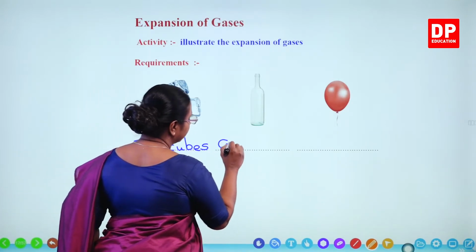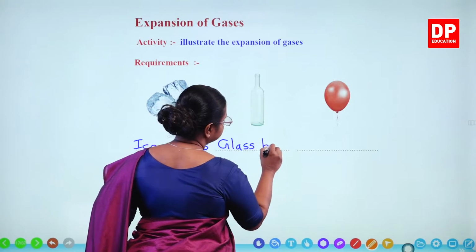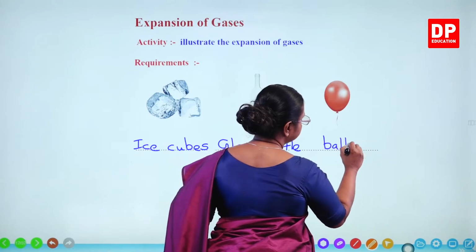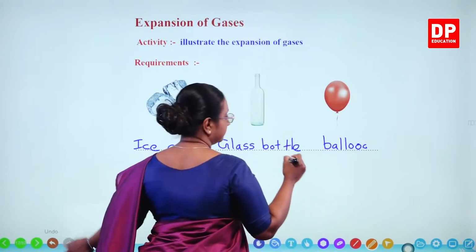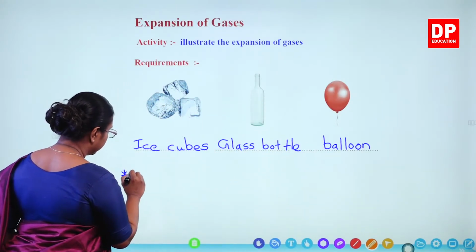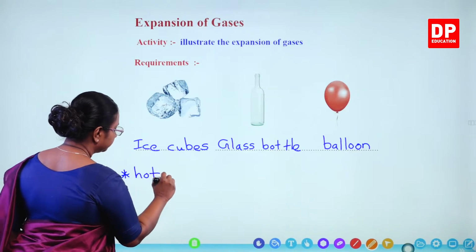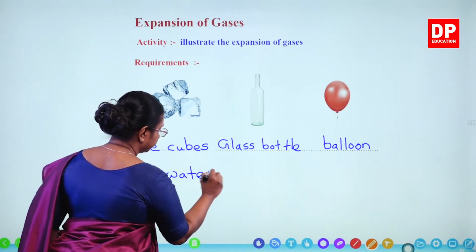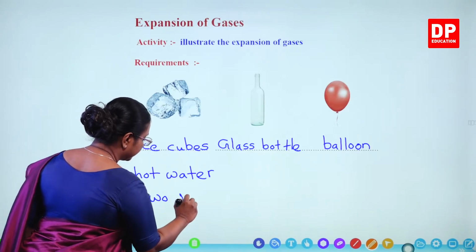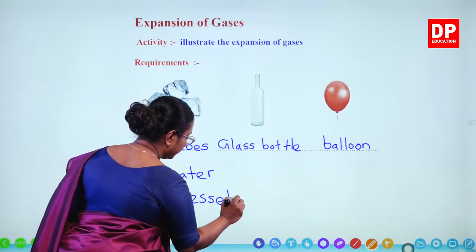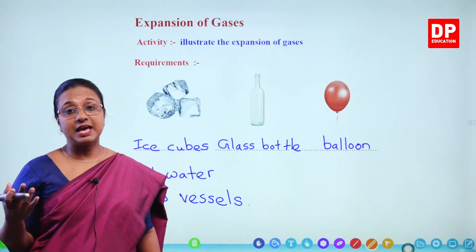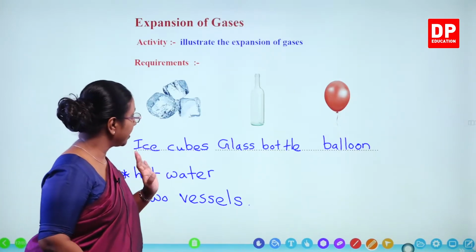Then we need a glass bottle, a balloon, in addition to that, we need hot water, and we need 2 vessels. It can be glass vessels or metal vessels or even beakers can be used, no problem. So, this is what we will be doing.